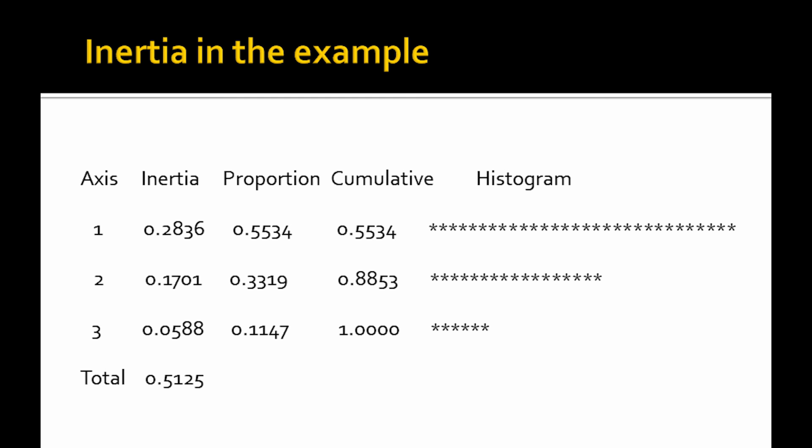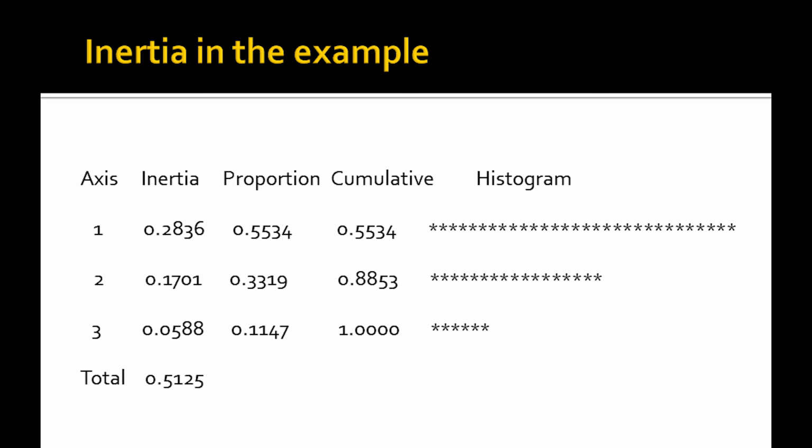For the data that we had looked at, the inertia for the first component was 0.2836, for the second was 0.1701. We didn't calculate the third, but it was 0.0588. If you look at the histogram, you can see that on the right hand side, the number of stars are large. That tells you that most of the inertia was captured by the first one, and you see that it's 55%.